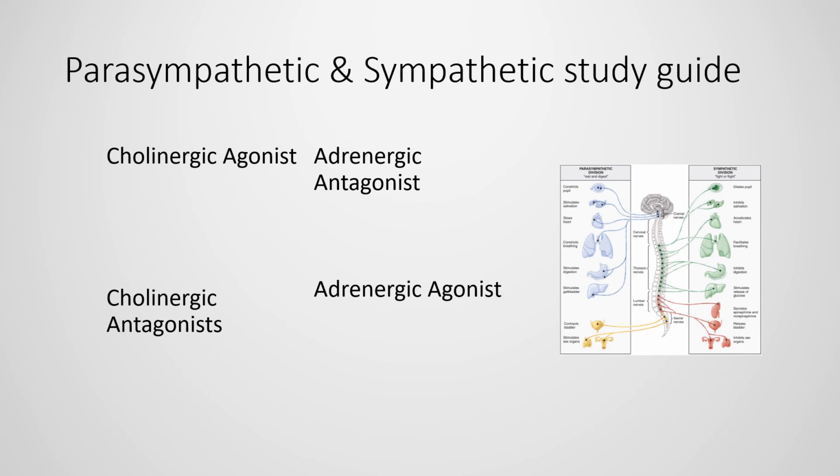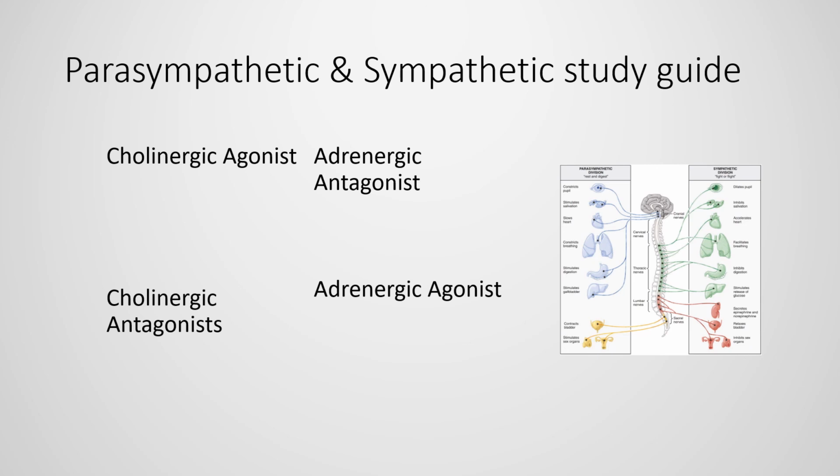Okay, so we're coming to the end of this module, the parasympathetic and the sympathetic system, the autonomic nervous system. And I mean, what I would suggest is take these four groups and go through in your mind, what are the side effects of a cholinergic agonist?